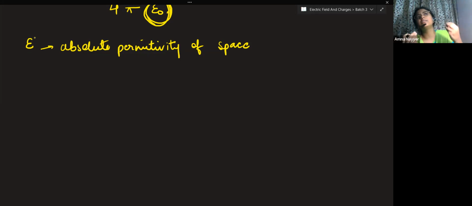For example, I have two charges kept in air and the force is 2 Newton. Then I take those two charges and put them in water. Now the force will be something else. It won't be 2 Newton because the denominator has changed, permittivity has changed. So the relationship between the force and the medium is given through epsilon.